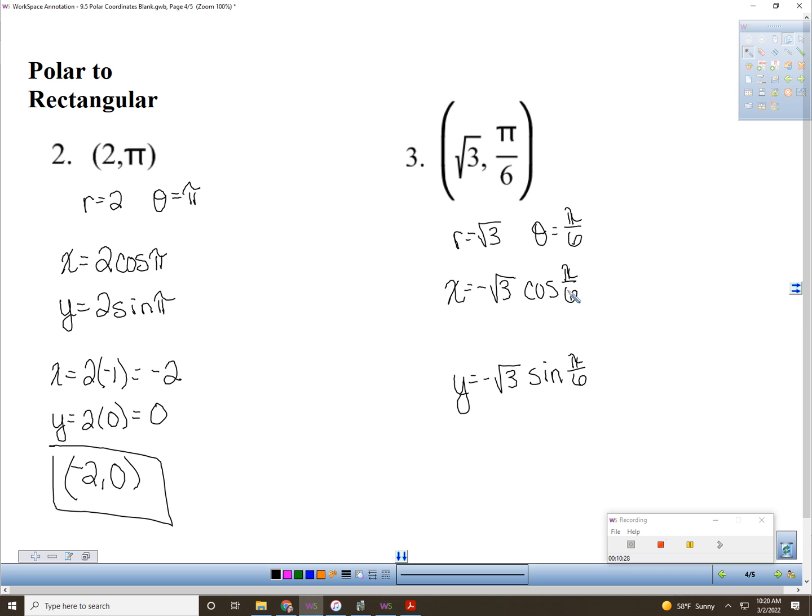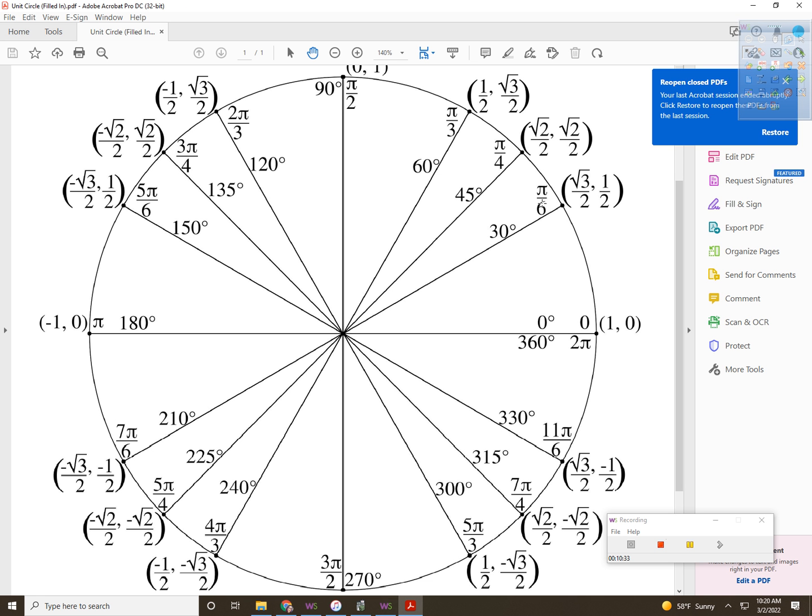So we need to find the cosine and the sine of pi over 6. If I look at pi over 6, cosine would be the x value, so that would be square root of 3 over 2.